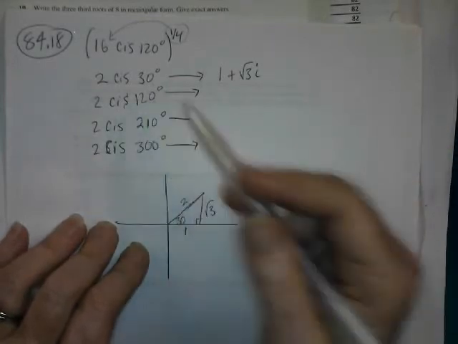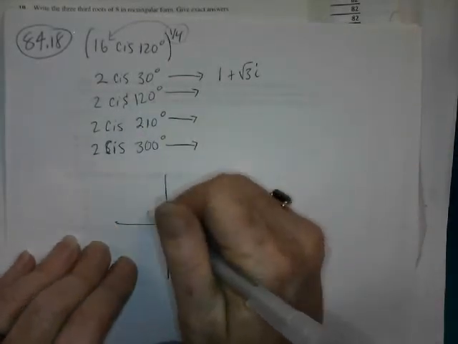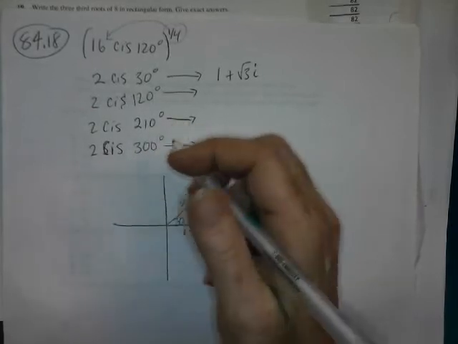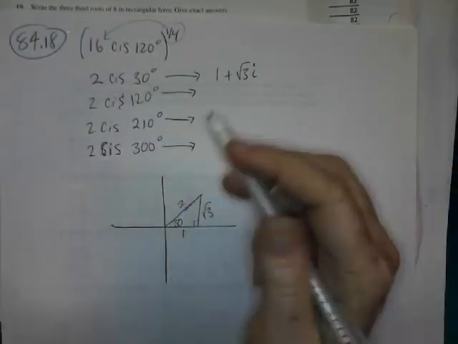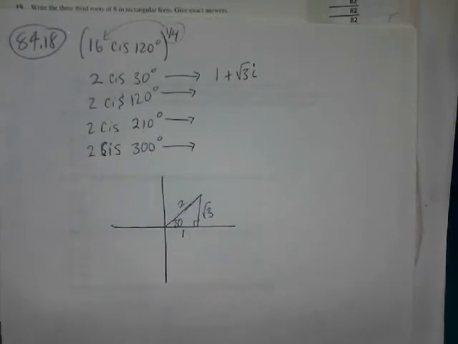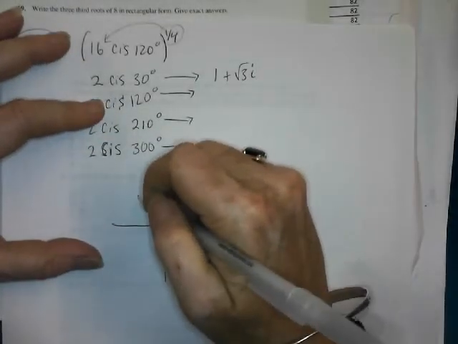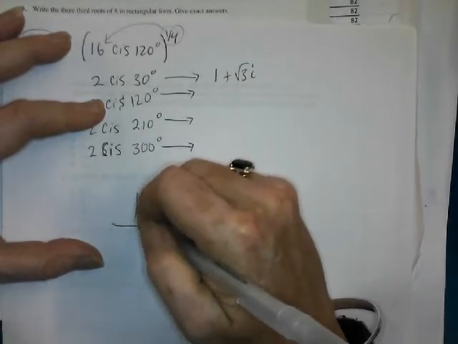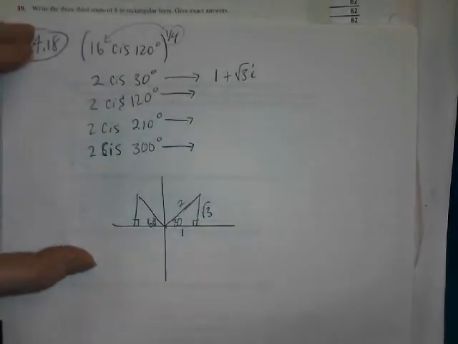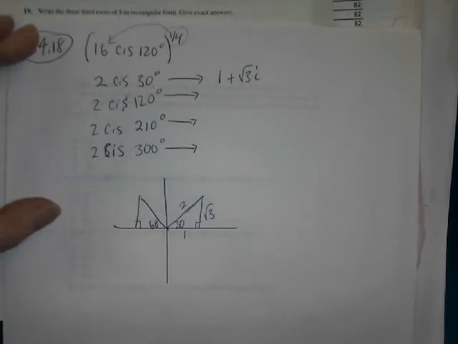So this one would be 2 cis 120. So 120 is over here somewhere. 60, huh? I think 120 would be like right there, and they give me a 60. That kind of surprises me.